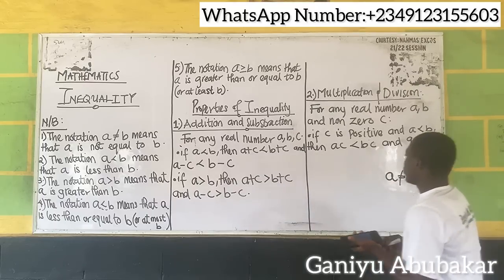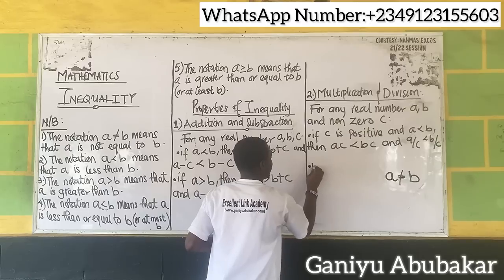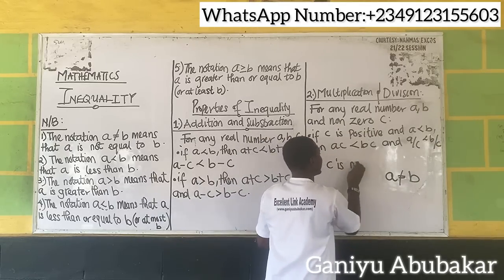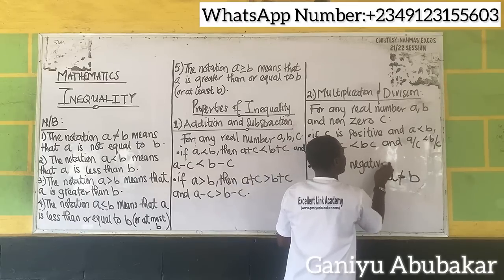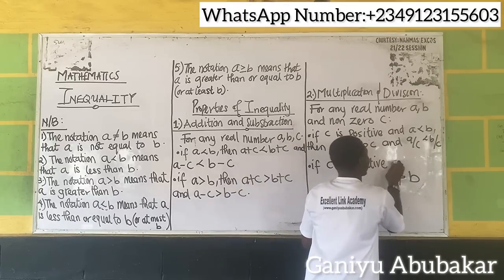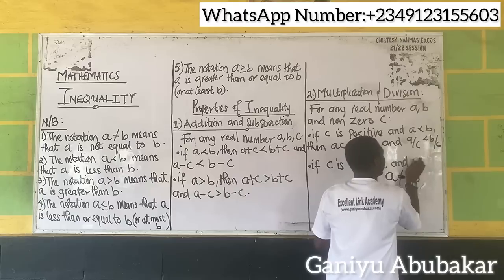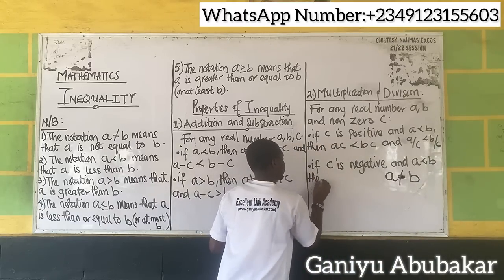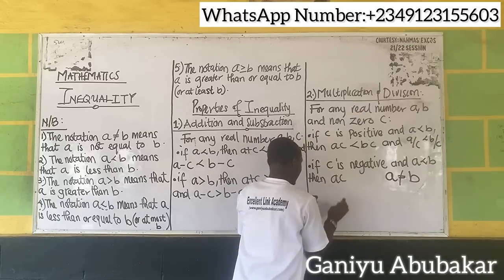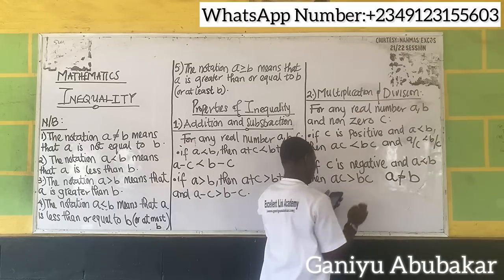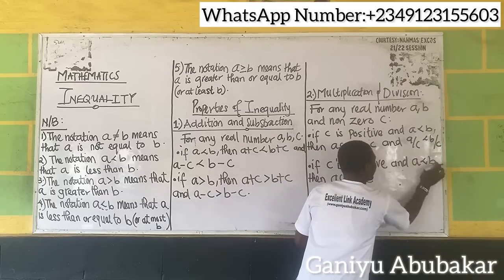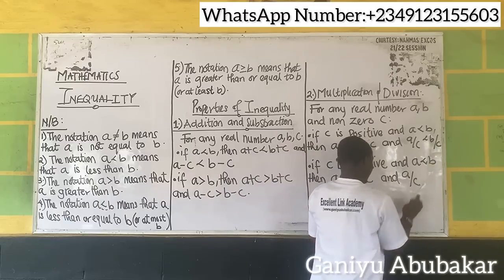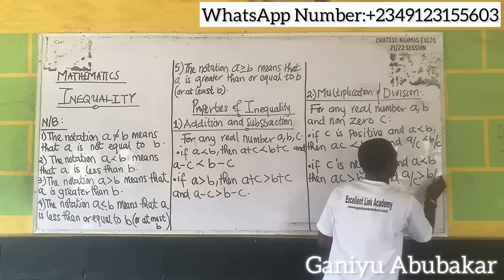That's the first to note. Number two under multiplication and division is that if c is negative and a is less than b, then ac is greater than bc, and also note that a over c is greater than b over c.